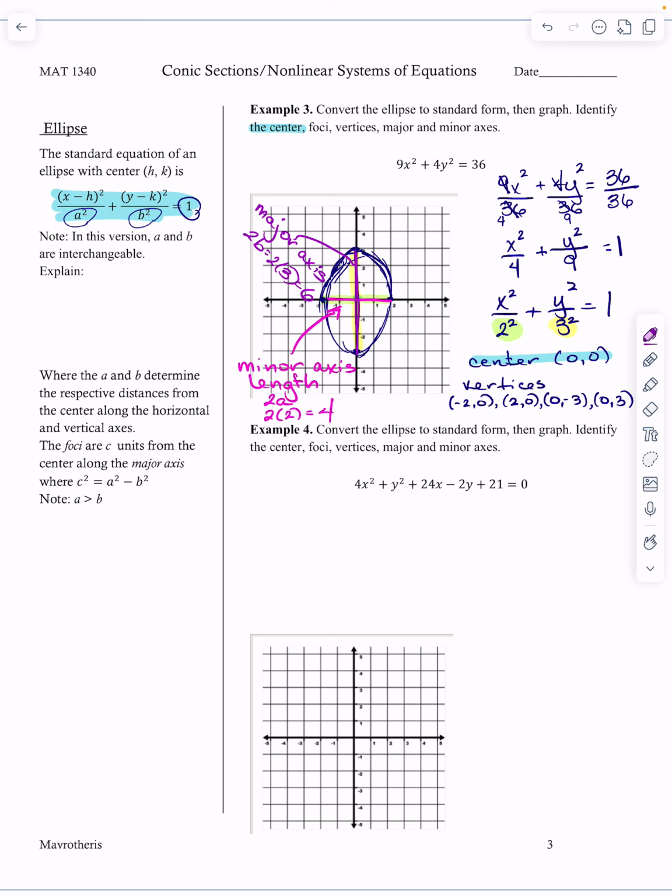Last thing we have is the foci. So by definition, every point on an ellipse has the same sum of the distances from that point to each of the two foci. Okay. So foci are found this way.